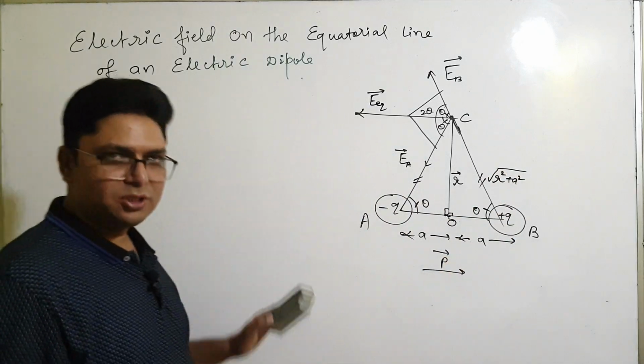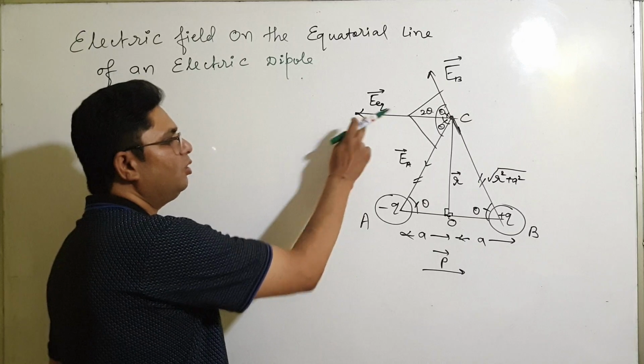So we have drawn the construction. We are required to find E equatorial.